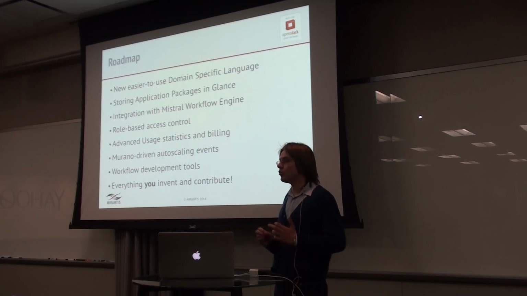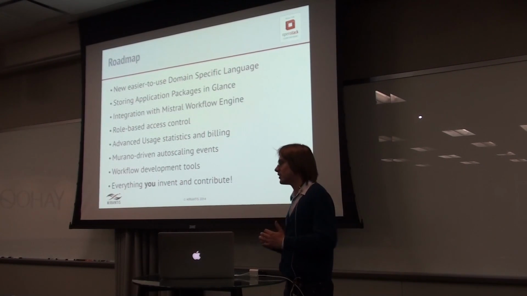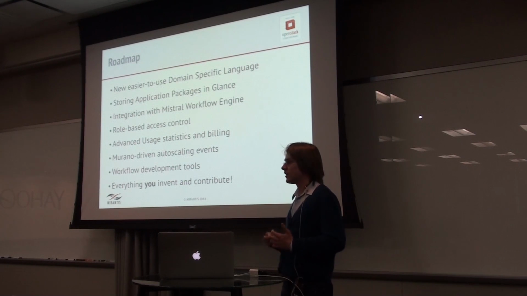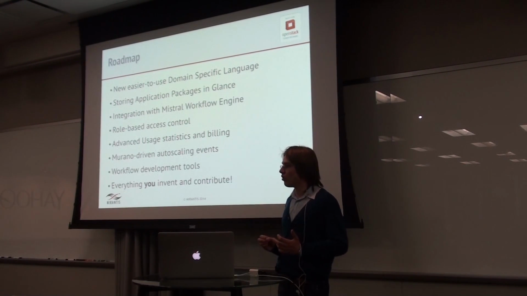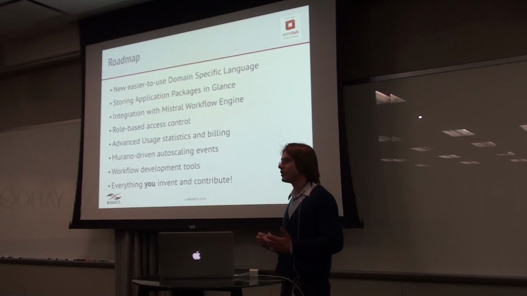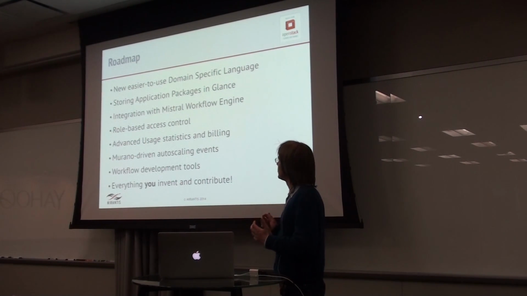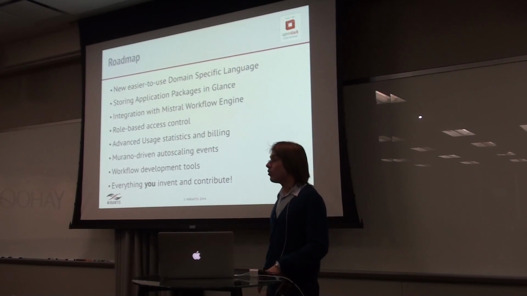So Glance will be able to store arbitrary binary objects with their metadata. This proposal was accepted by the Glance team, and now we are working with them on implementing it. So eventually, probably somewhere in Juno, Glance will become artifact storage, and Murano will use it to store its application packages.